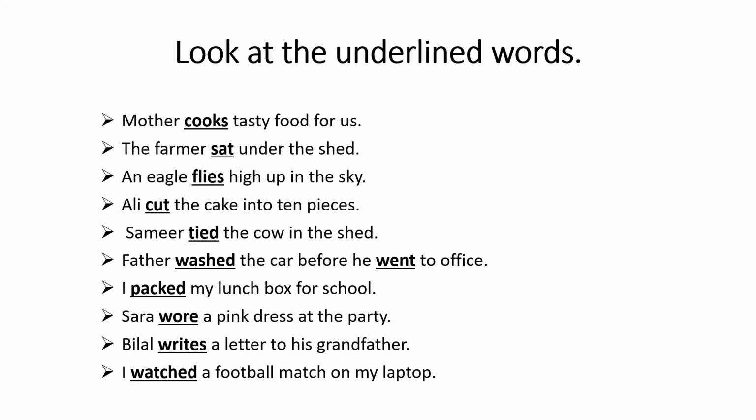So now Bilal writes a letter to his grandfather. That means the verb is writes. I watched a football match on my laptop. Now what did I do here? Yes, I watched. So the action I did in this sentence is watched. The verb is watched. Okay?